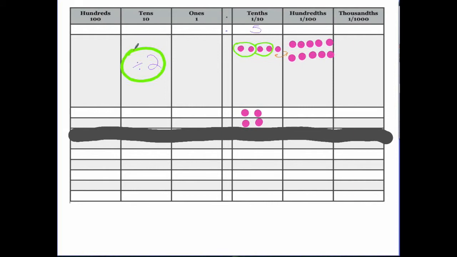So how many will I have in each circle that I draw? 26, how many of my pink dots will I have in each circle I draw? 2, because I'm going to take this whole number and divide it by 2, right? I'll do 2.